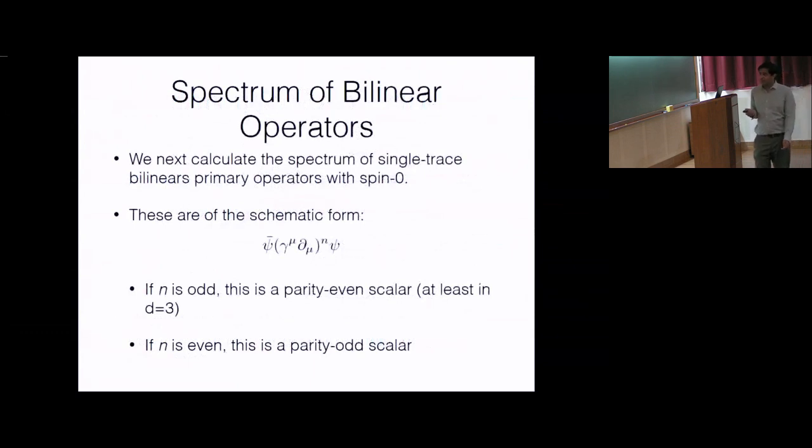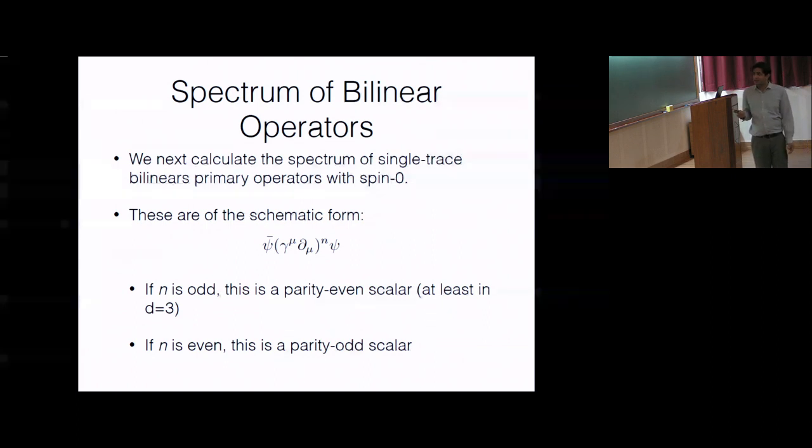So once you have the exact 2-point function, the next thing you can calculate is the spectrum of single trace bilinear primary operators with spin 0. You could also do higher spin, but we'll just do spin 0. So these are operators of the following schematic form: psi bar d-slash to the n psi.